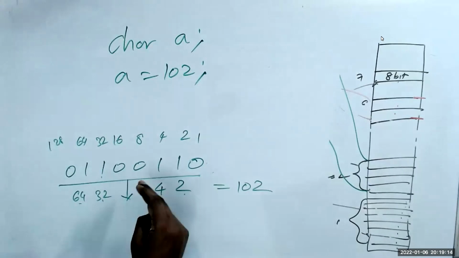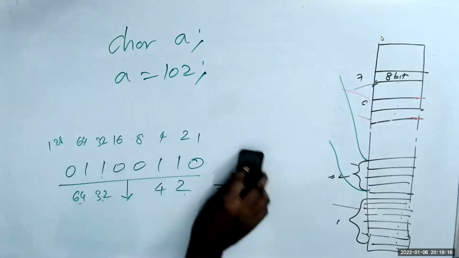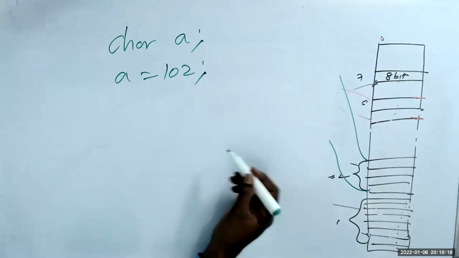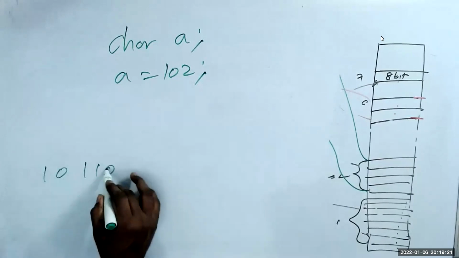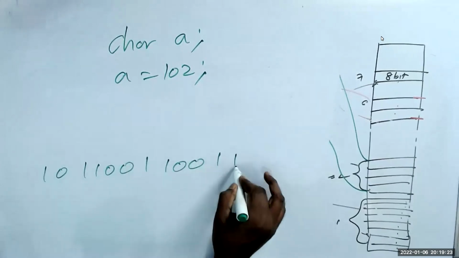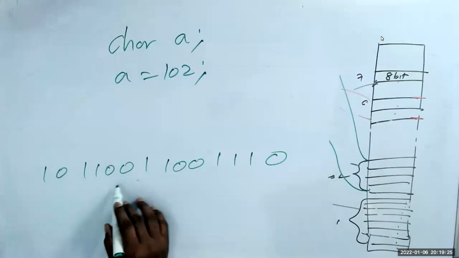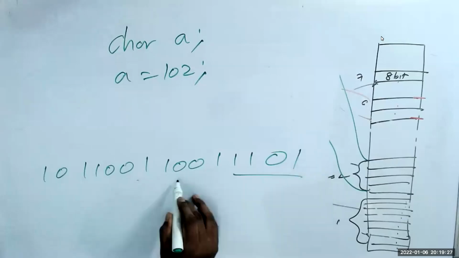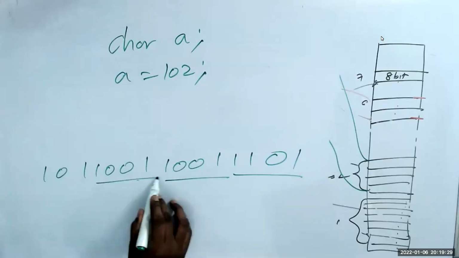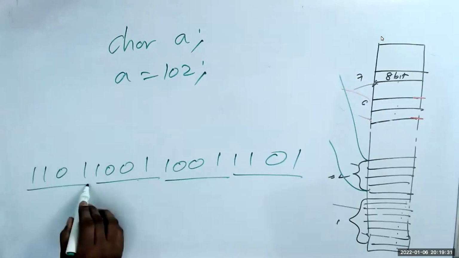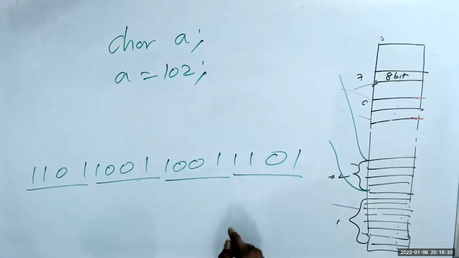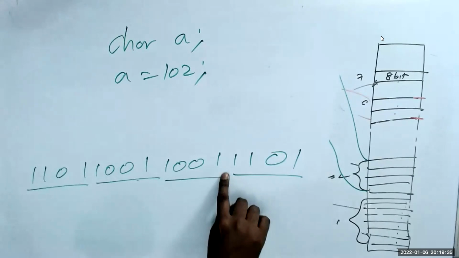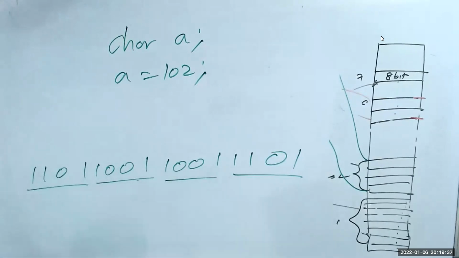Suppose I give you a 16-bit number. How do you do this?